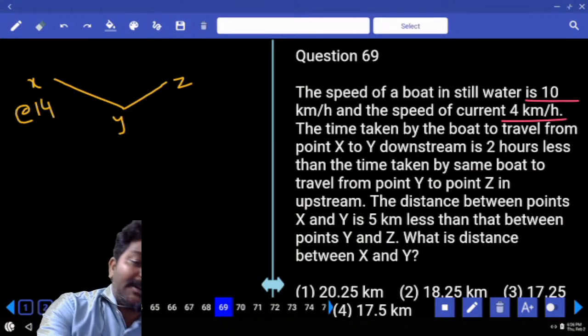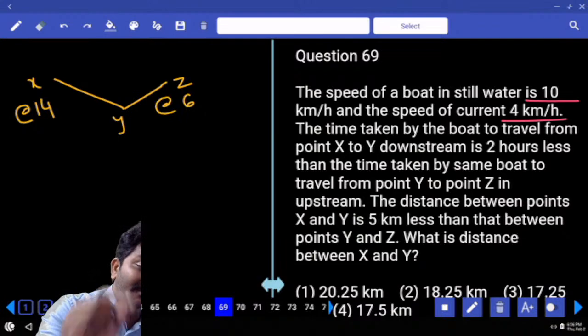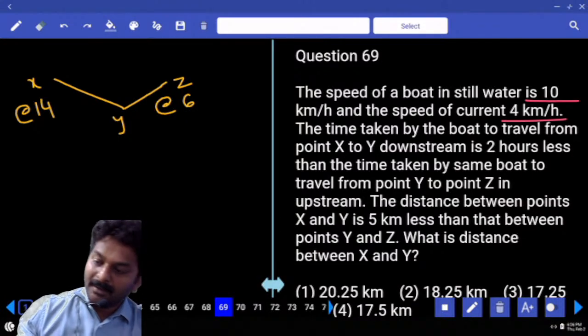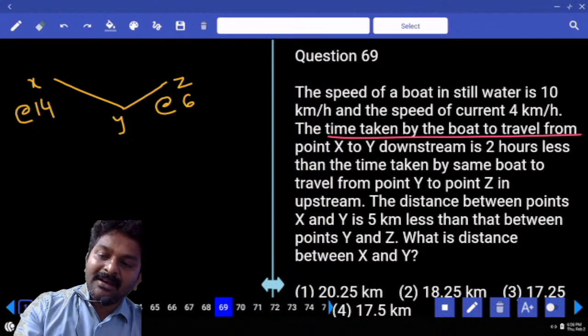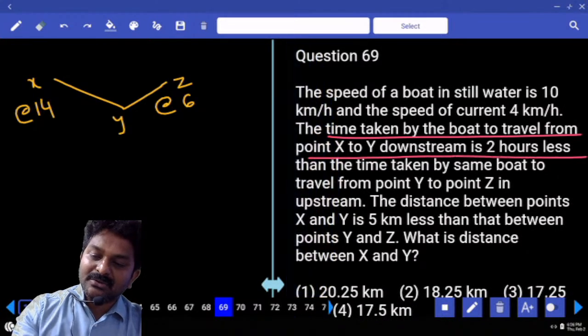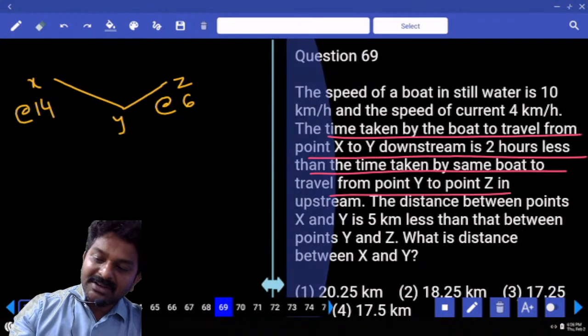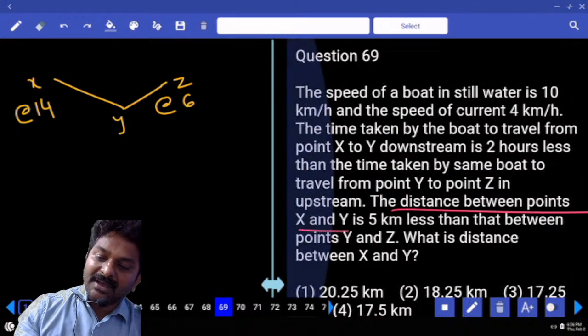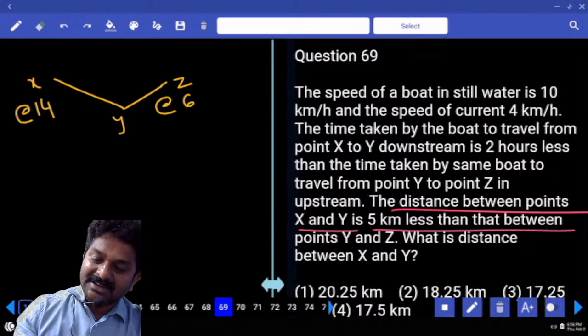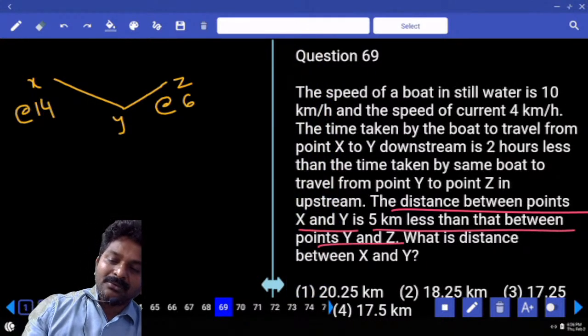What is upstream speed? 6. Speeds are given. Now, the time taken by boat to travel X to Y downstream is 2 hours less than Y to Z. We'll use this data. The distance between points X to Y is 5 kilometers less than distance between Y to Z.